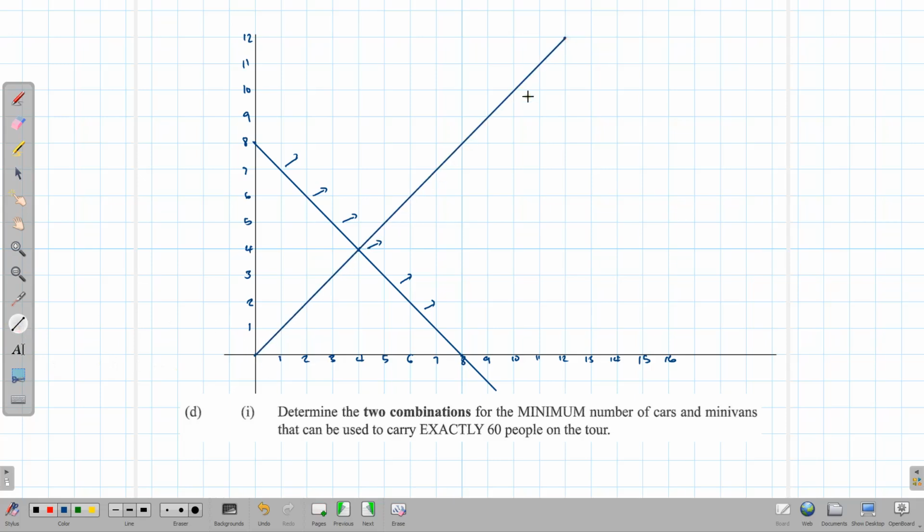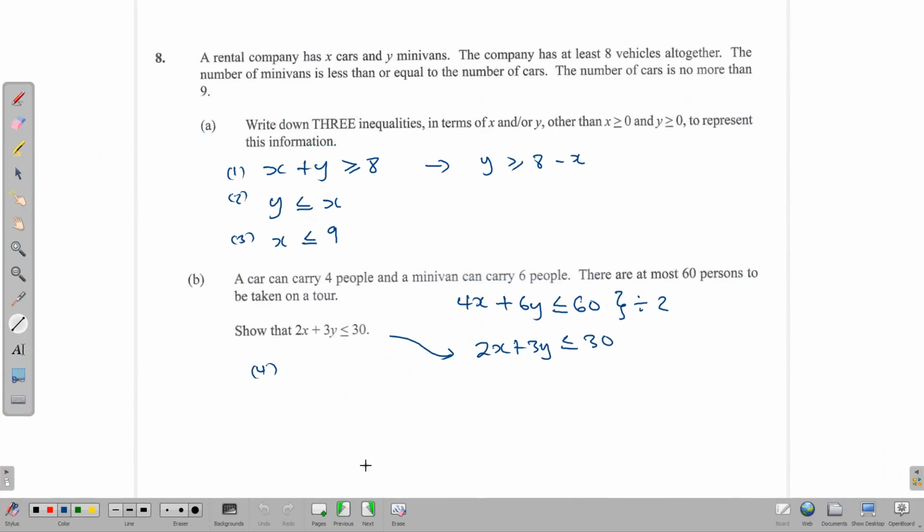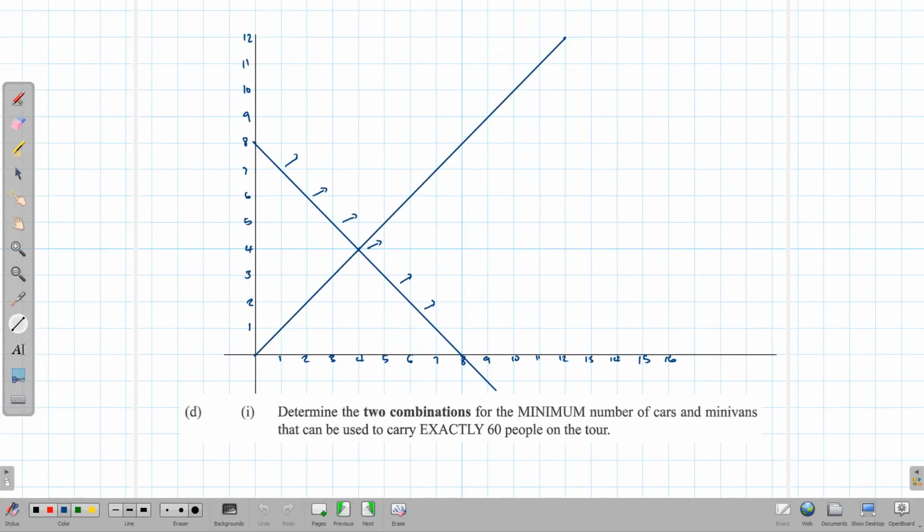Just like that. And it says y is less than or equal to x. So we're dealing with the underside of the line, the less than side. So we are interested in this side of the line. So it's always very important that when you draw these inequalities that you indicate the side that you are interested in, because those sides that you indicate will lead to the feasible region.